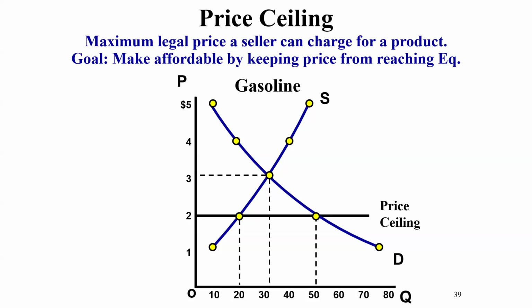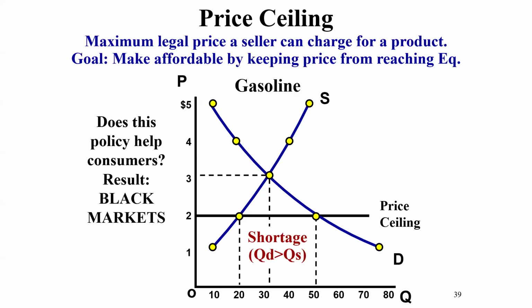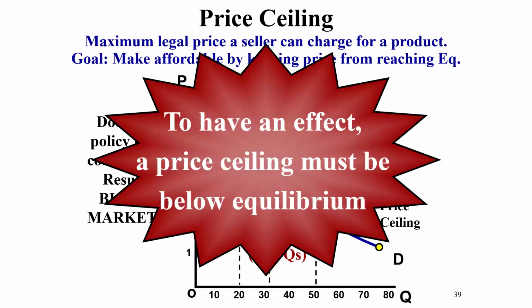Now, remember, even though people want 50 gallons, we're only going to sell 20 because that's all that's supplied. Okay, people want 50, we have 20, it's a shortage of 30. So anytime you're below, it's a shortage, and this is what you're willing to buy.